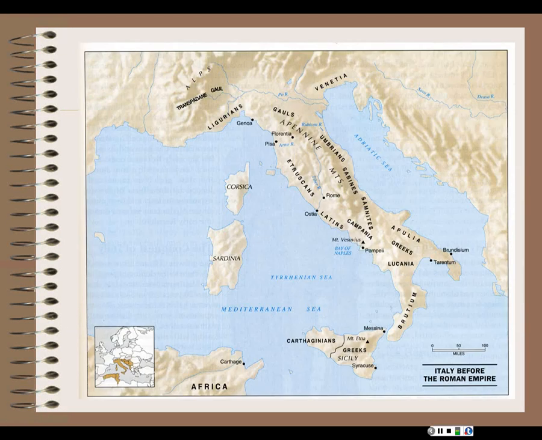So let's first look a little bit at Rome, the Italian peninsula itself. And so off here you have Corsica and Sardinia, the islands of Corsica and Sardinia. You have running up and down north to south as kind of a spine of the Italian peninsula, the Apennine Mountains.